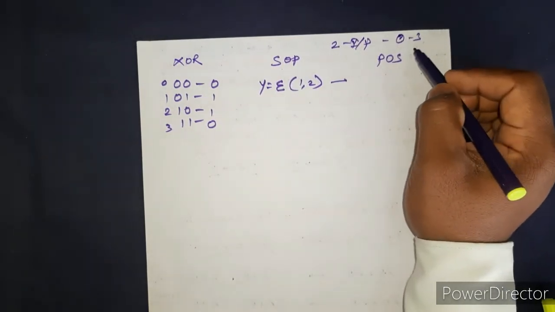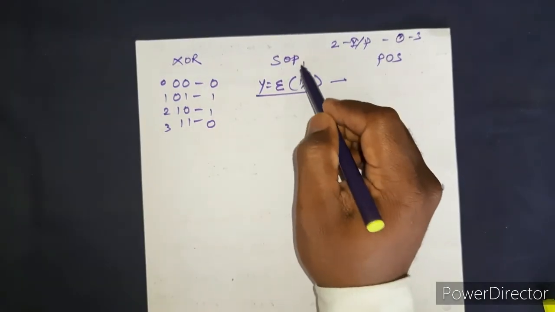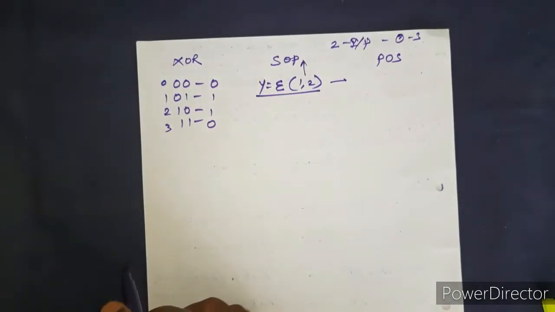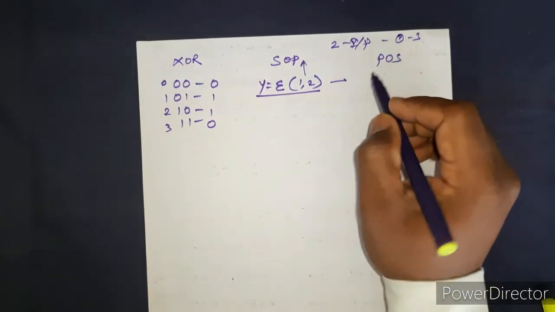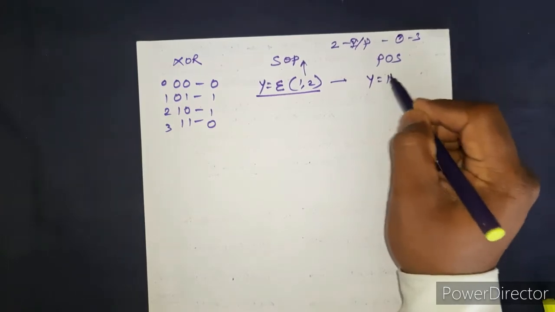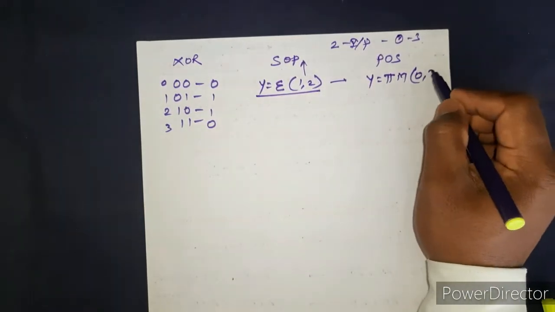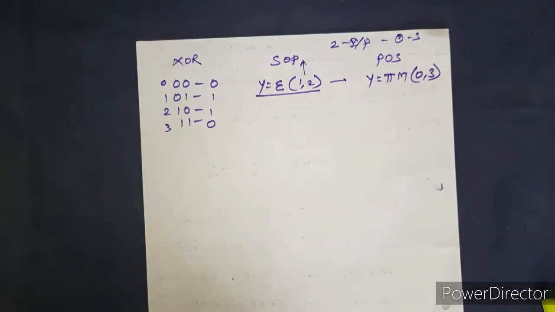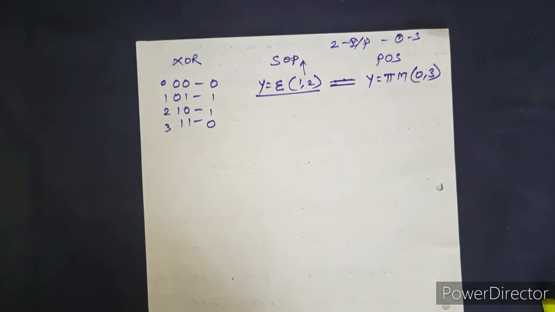Out of these, 1 and 2 are taken by SOP. The other numbers left correspond to POS. So I can write y equal to pi M(0, 3). These both are equivalent. We have seen that.